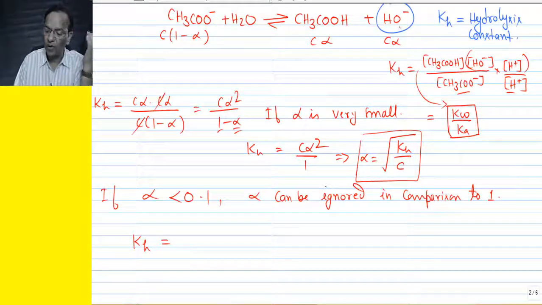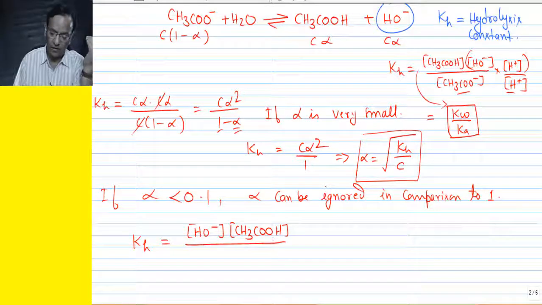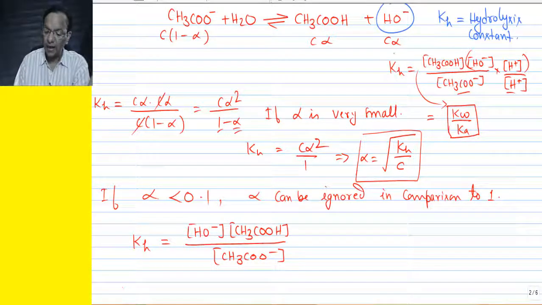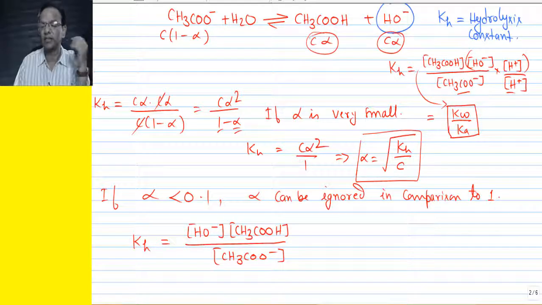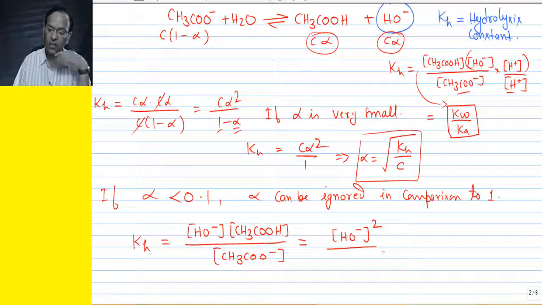It will be concentration of hydroxide ion into concentration of acetic acid divided by concentration of acetate ion. Since hydroxide ion and acetic acid concentrations are equal, we can write the numerator as concentration of hydroxide ion square divided by concentration of acetate ion, C into 1 minus alpha.